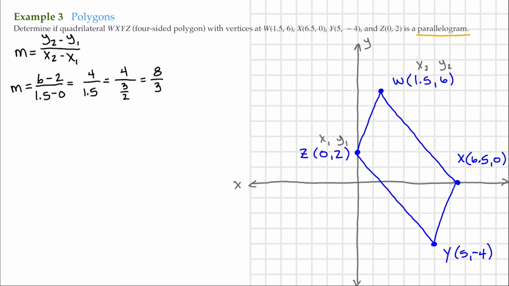So we'll now find it for this one here. I'll mark this one as x sub 1, y sub 1. And then this one x sub 2, y sub 2.